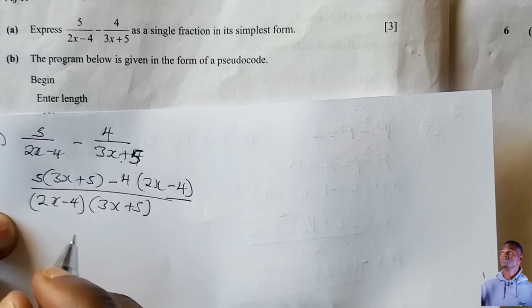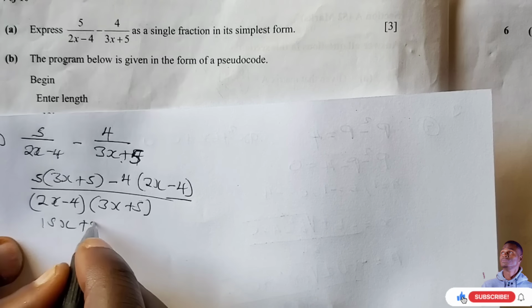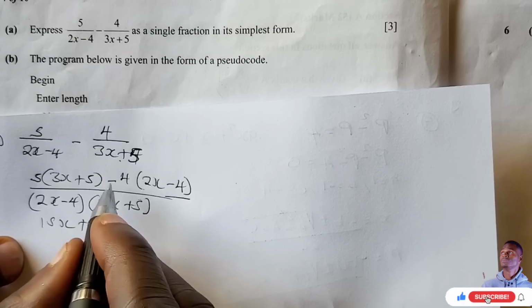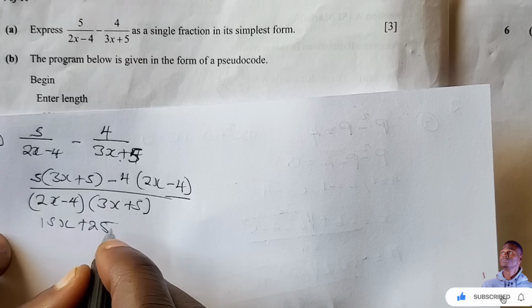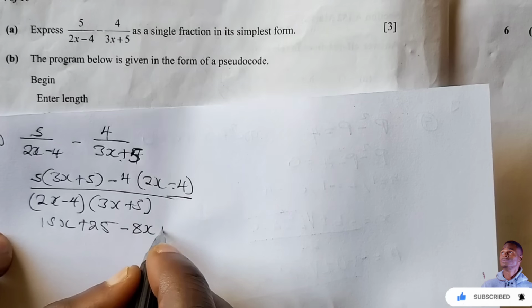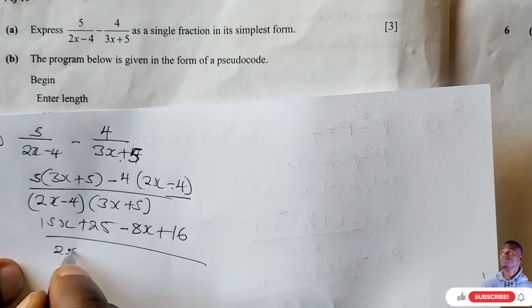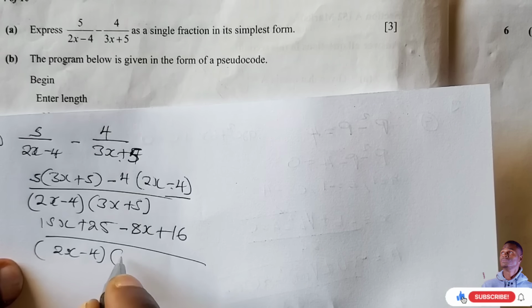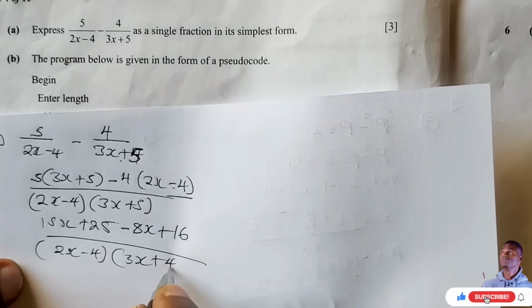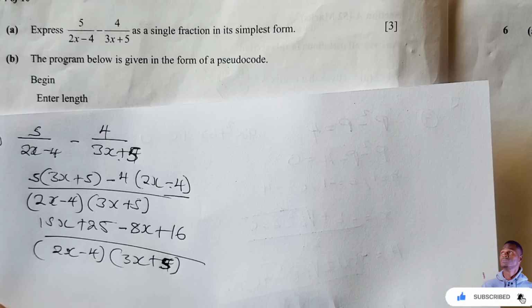So 5 times 3 is 15x. 5 times 5 is 25. Negative 4 times 2x is negative 8x. Negative times negative, 4 times 4 is 16, over 2x minus 4, 3x plus 5.